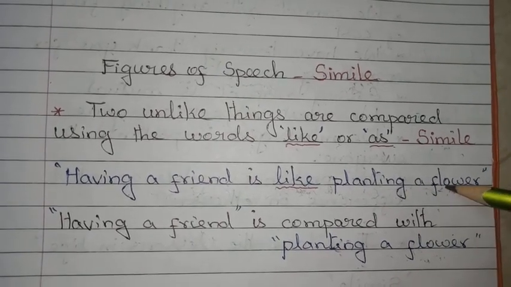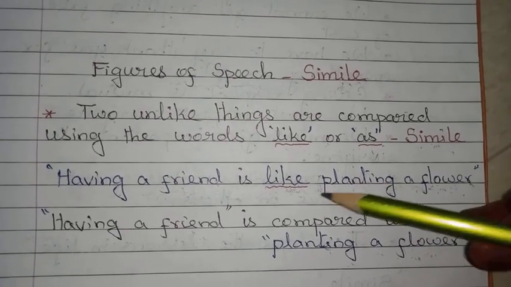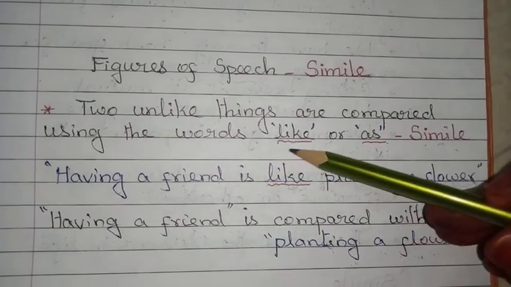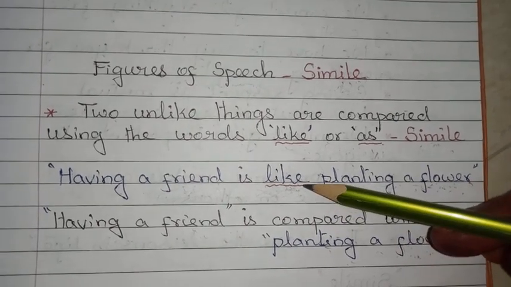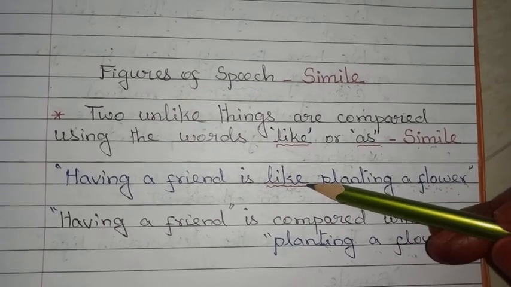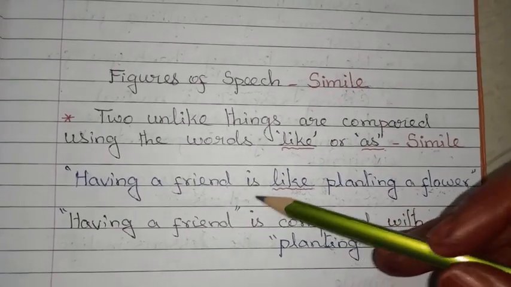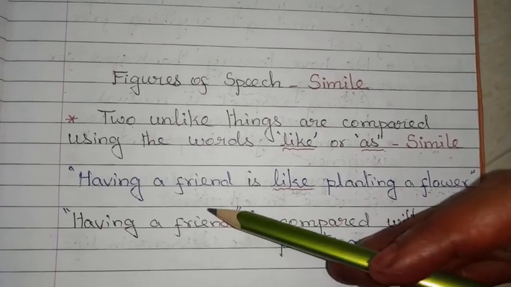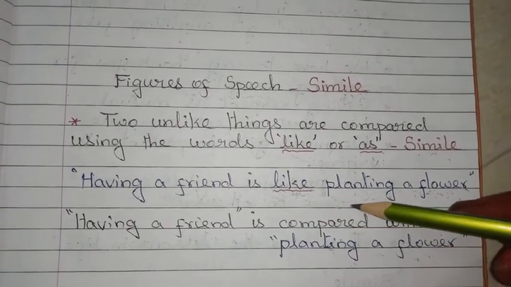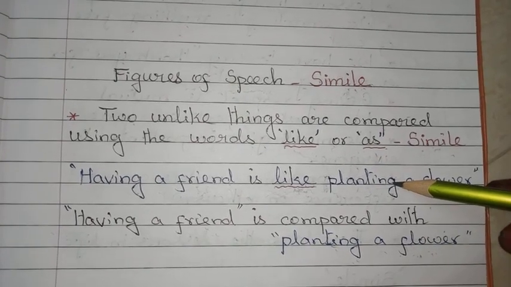They will give you the poetic lines, and what you have to do is, if the poetic line has the word like, then you have to answer that the poetic line has the figure of speech simile. Otherwise, simile is the figure of speech mentioned in the poetic line.